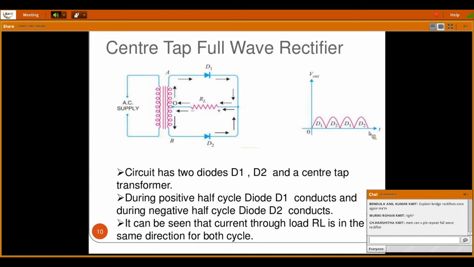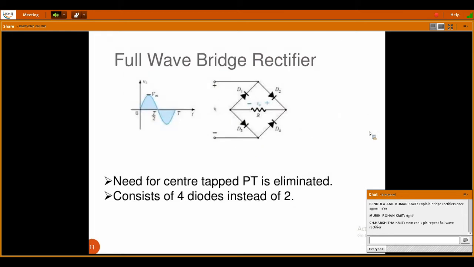Now we have a disadvantage of this center tapped full wave rectifier, because this center tapping process is a bit costlier. So generally we are avoiding this. But you can get the same output using a full wave bridge rectifier without using a center tapped arrangement. How?